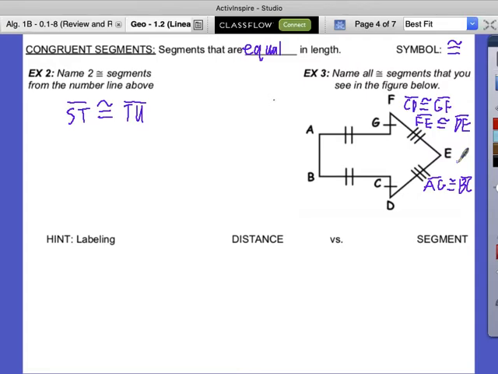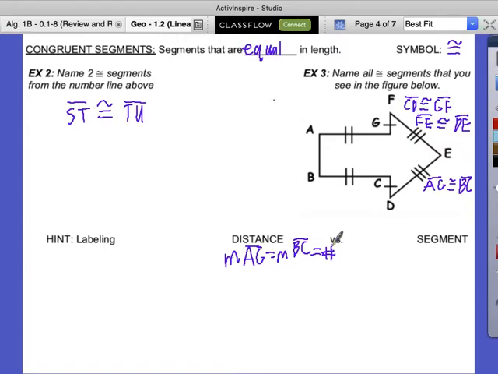Okay. So for our labeling, distances versus segments are going to be labeled slightly differently. So maybe the measure of segment AG is equal to the measure of segment BC. We know the measures of these segments are going to be equal because they're congruent. Right now, do we know what the measures are? No, okay? But those would both be equal to some number, whether it's 5 units long or whatever.